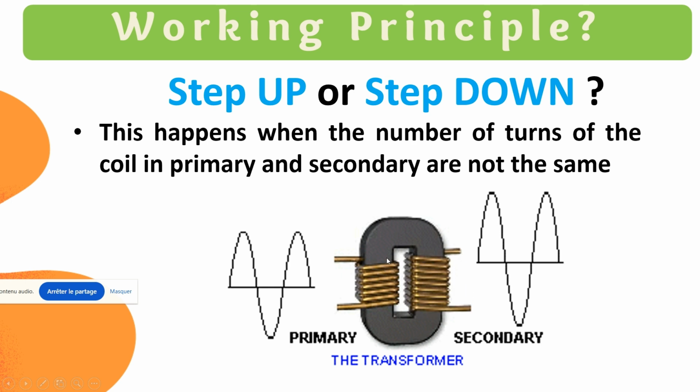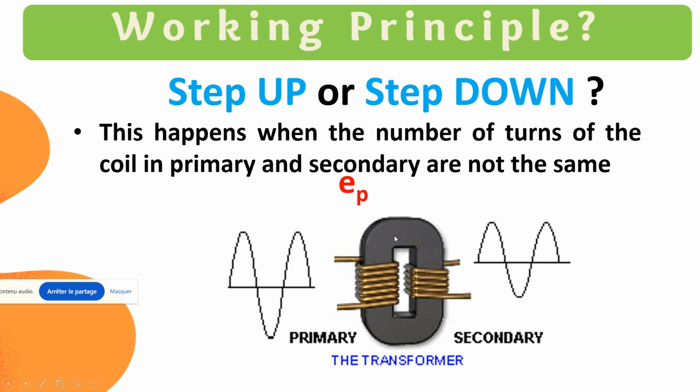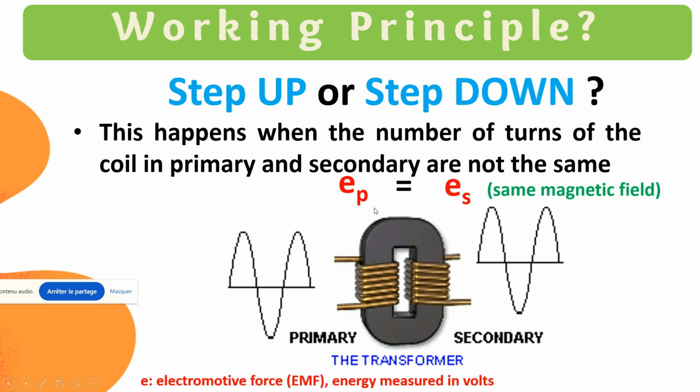How can that be possible? I have what we call an electromotive force, called here E. P refers to the primary and S refers to the secondary. This electromotive force is nothing but a kind of theoretical voltage.